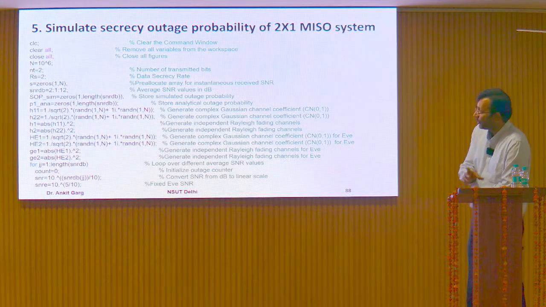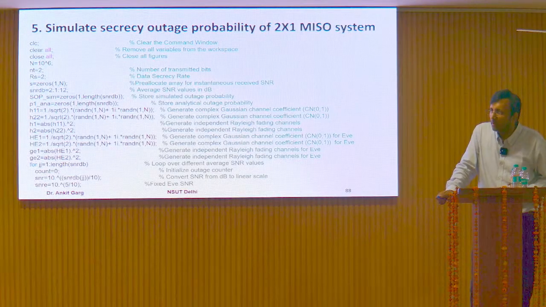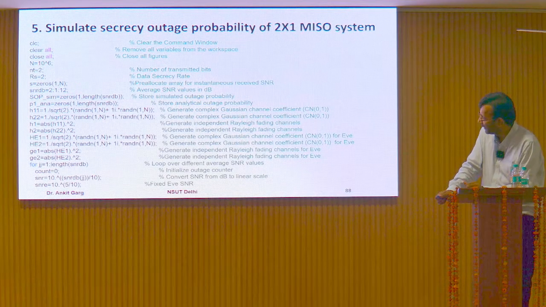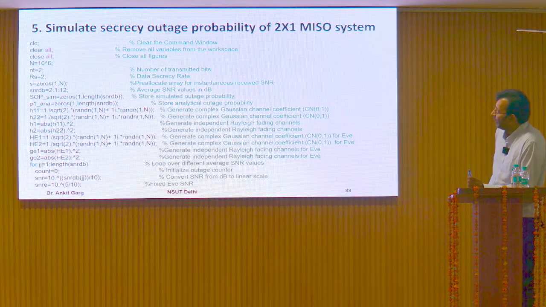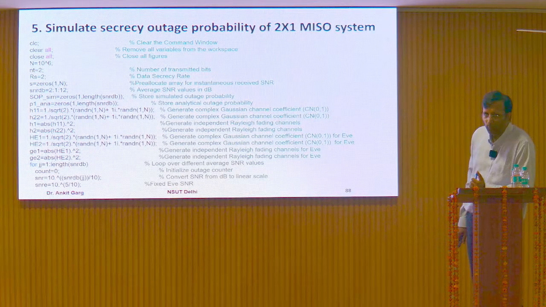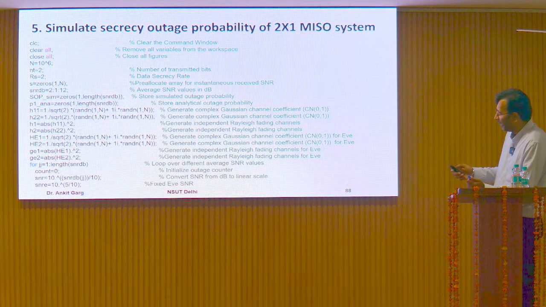Now secrecy outage probability. The question arises how it is related to the information theoretic point, right? How does information theory coding help us to secure the system, or is it the same thing or not? Yes, it is the same scenario, where we use the Shannon capacity, C equals log base 2 of 1 plus SNR, right? So here we have generated the channel coefficients for the Alice to Bob legitimate channel, and HE1 and HE2 represent the channel for the eavesdropper, right?